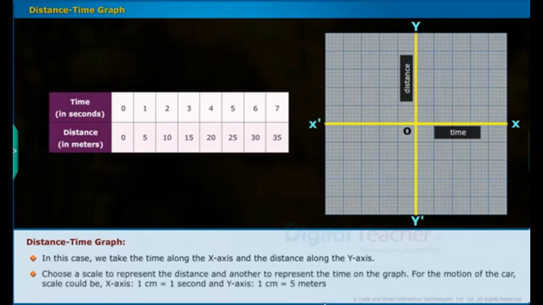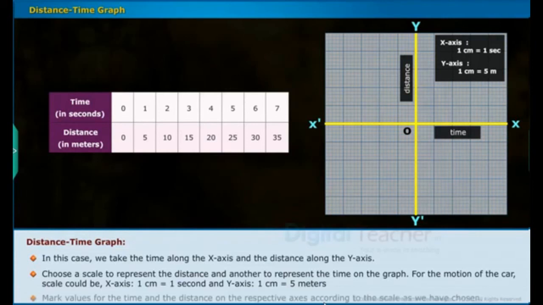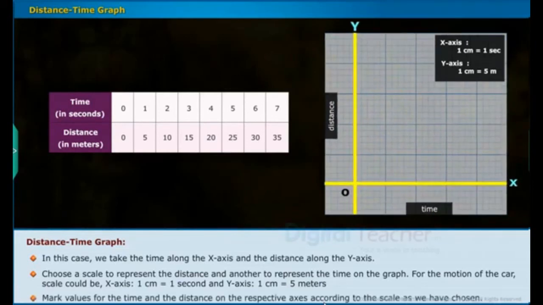Choose a scale to represent the distance and another to represent the time on the graph. For the motion of the car, the scale could be: x-axis, 1 second is equal to 1 centimeter, and y-axis, 5 meters is equal to 1 centimeter. Mark values for the time and the distance on the respective axis according to the scale we have chosen.